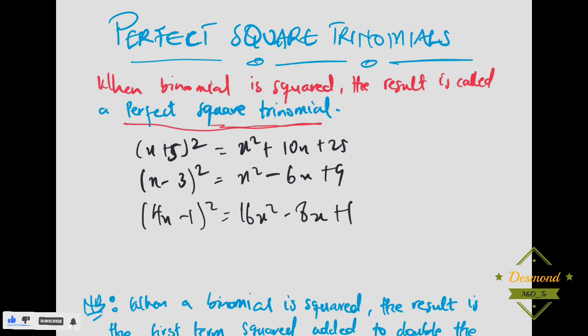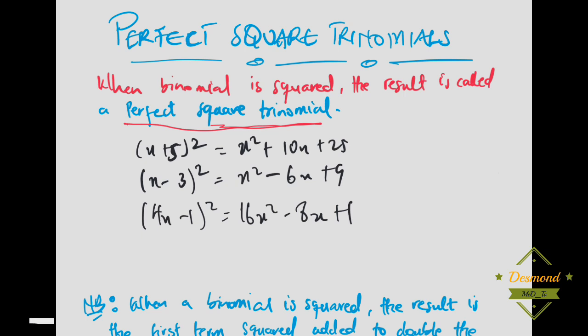So with these three examples, you can note that the first term of each trinomial is the square of the first term of the binomial. Similarly, the last term of each trinomial is the square of the last term of the binomial.